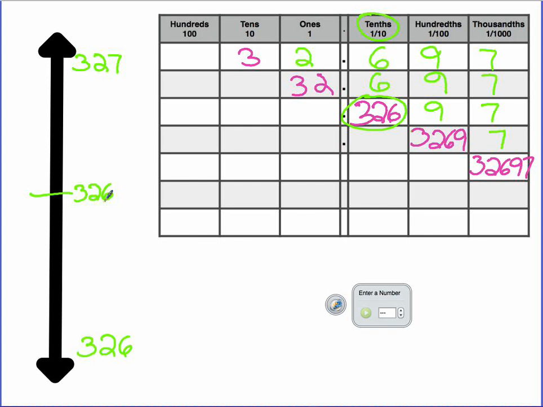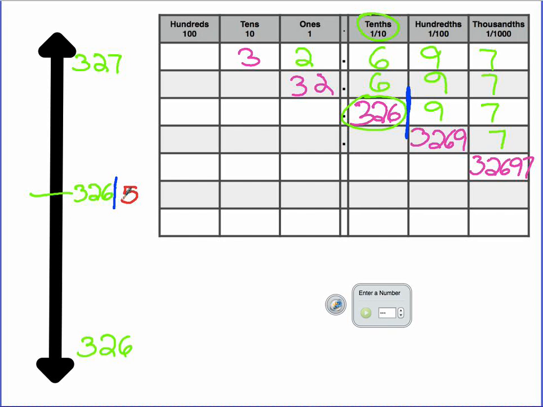So a solution would be maybe to draw the line on the place value chart, right here. You see that line? And you write the number that's on this side. Well, halfway point would be 5, right?